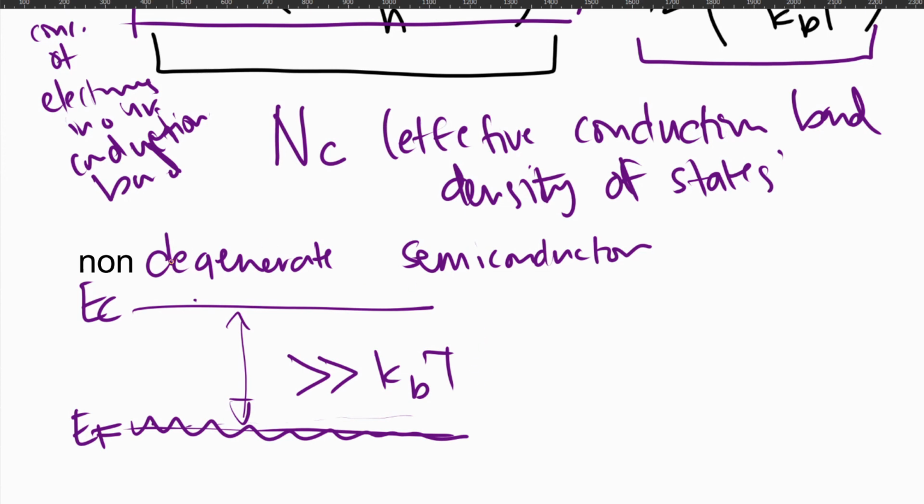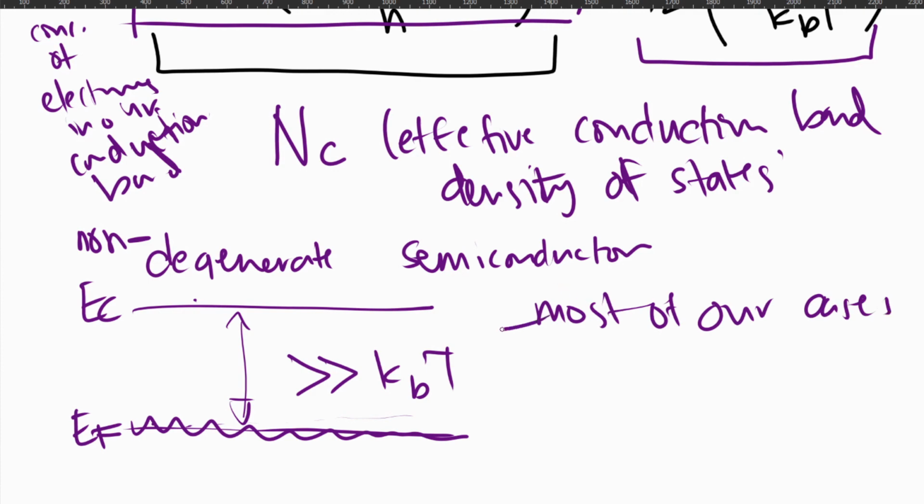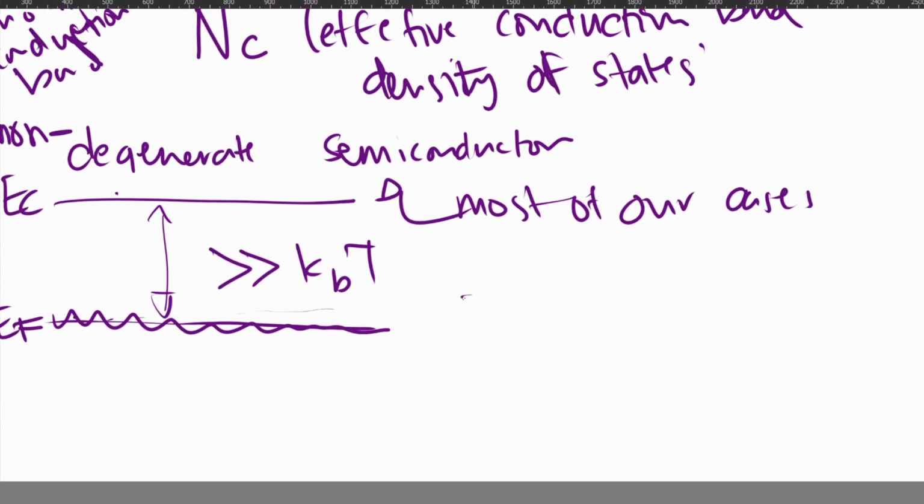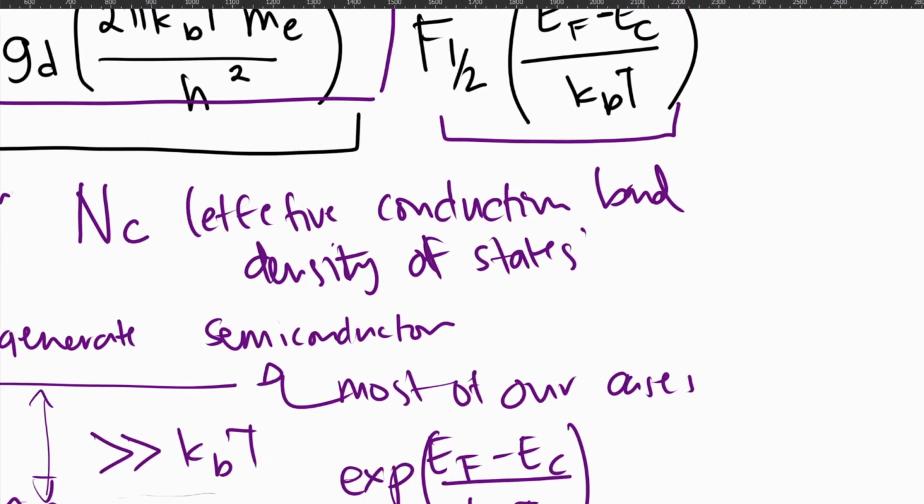Ang maganda sa atin, non-degenerate semiconductor. Ang maganda sa atin, most of our cases are of this non-degenerate semiconductor. And in that case, yung Fermi-Dirac integral natin, this just reduces to exponential of EF minus EC over KBT. So ito, F 1/2 naging exponential lang siya.